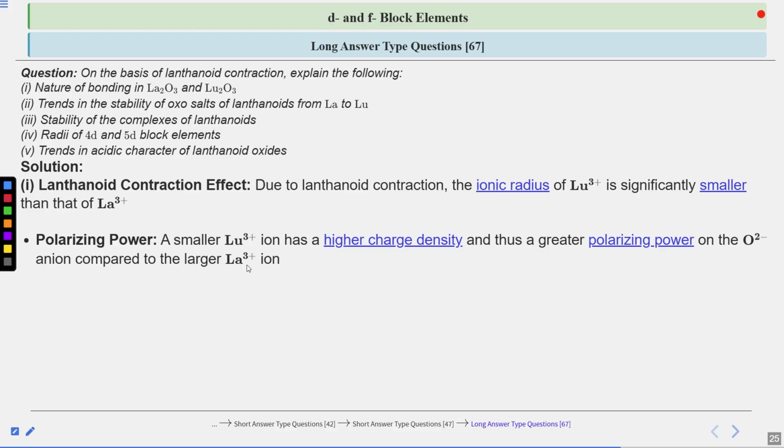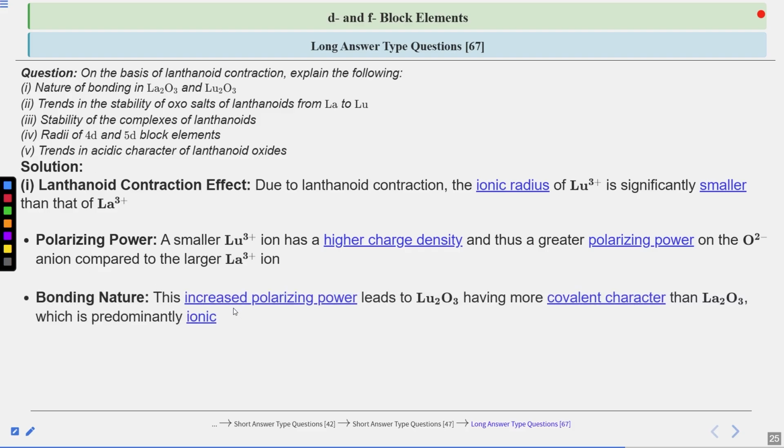So the polarizing power is greater for the smaller lutetium 3 positive ion due to its high charge density, compared to the larger lanthanum ion.